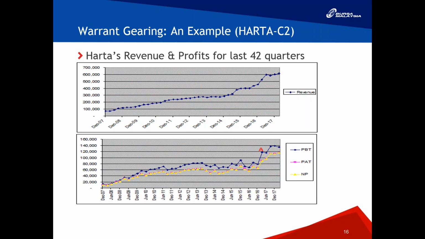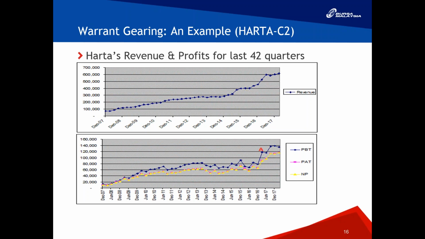Now gearing simply means that if you want to be exposed to a particular stock, a warrant allows you to do that with a smaller outlay. Okay, small outlay.